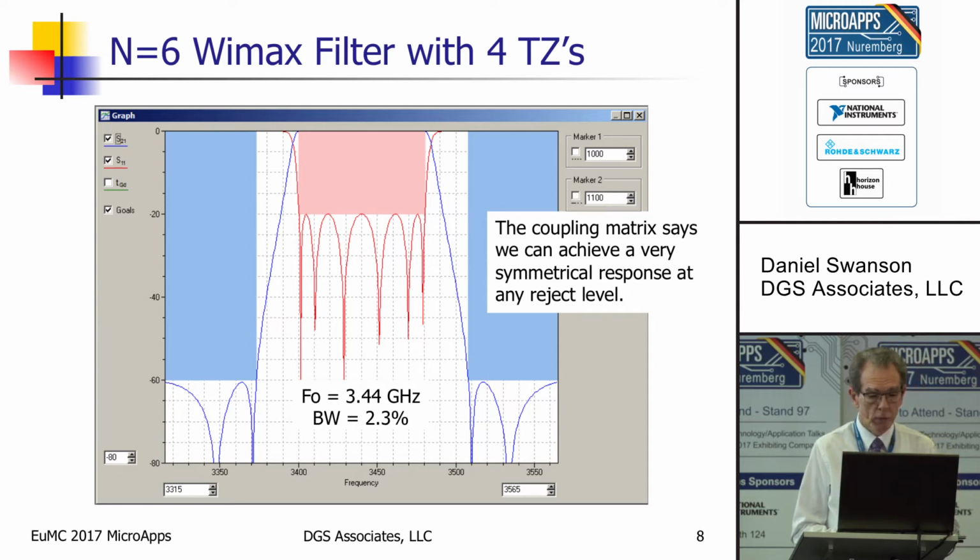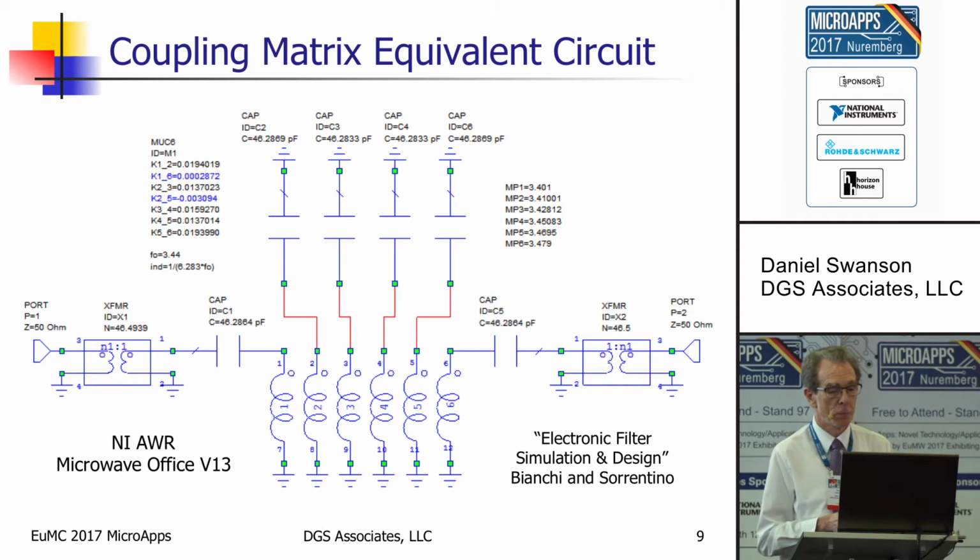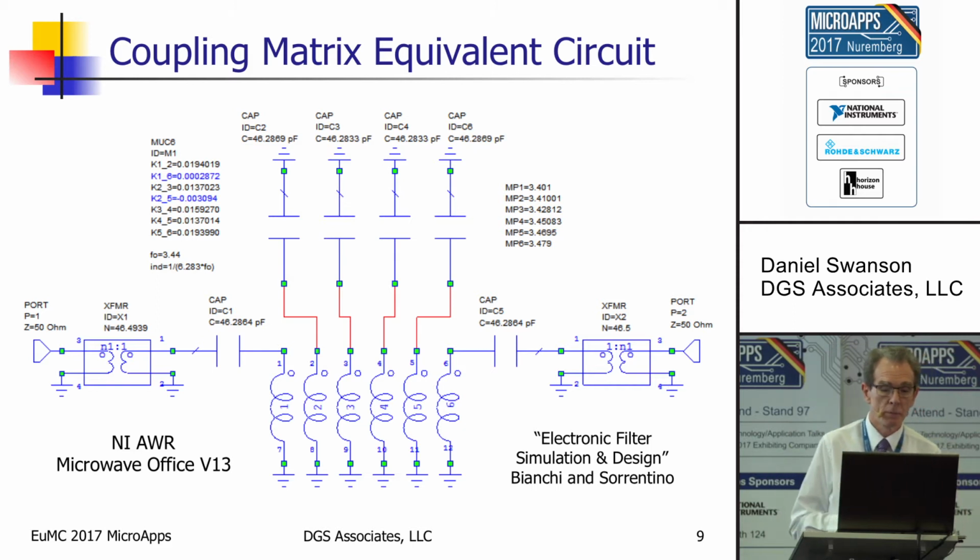So if we want an equivalent circuit of that, in the literature, when people talk about coupling matrix, you often see these loop circuits. But in a schematic capture environment like this, that's very difficult to work with. And in Bianchi and Sorrentino's book, they show this form, which is more of a nodal form, but it's still a coupling matrix equivalent circuit, and it's much easier to work with in a schematic capture environment.